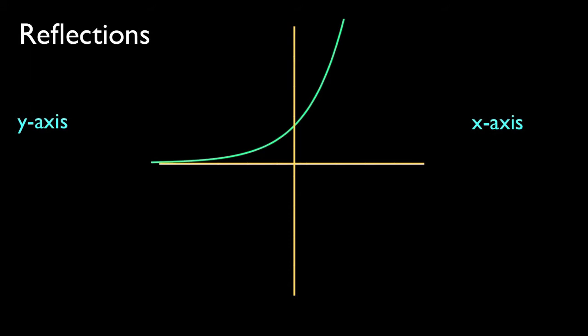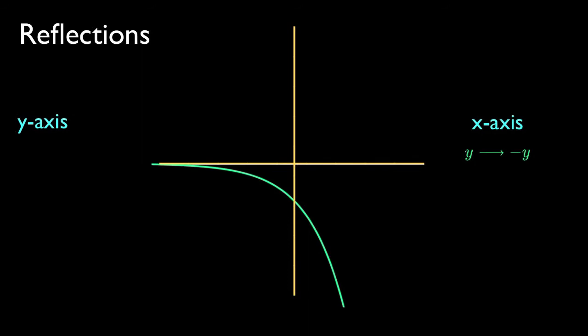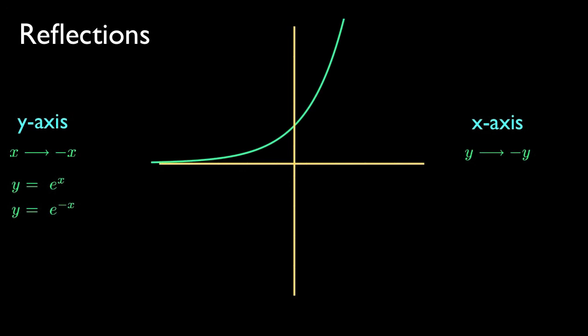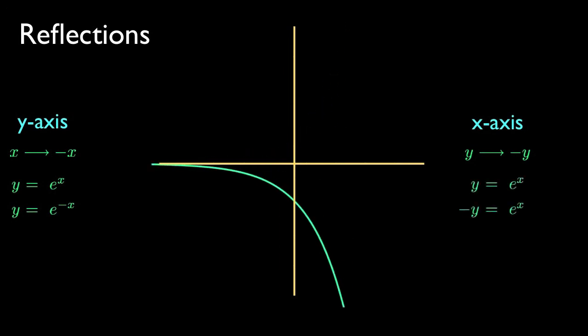As seen in an earlier video on symmetry, reflection across the x-axis means changing the sign on y, and reflection across the y-axis means changing the sign on x. As always, after a y transformation, we recover the function form of the equation by doing a little bit of algebra.